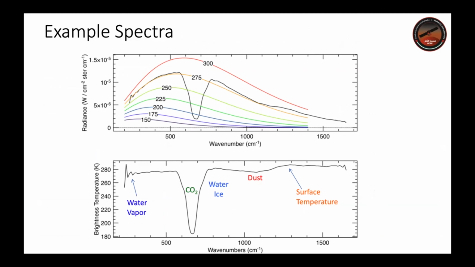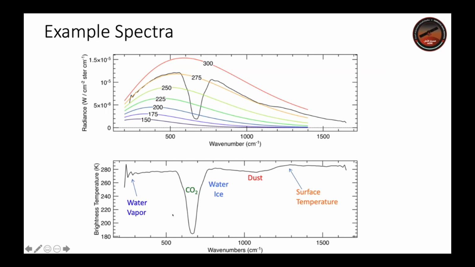Here's an example of what some of these spectra look like. On the top here is a radiance spectrum, superposed on top of different surface temperature spectra. Down here, once you convert this radiance spectrum to temperature, you can see that some unique things start to pop out.